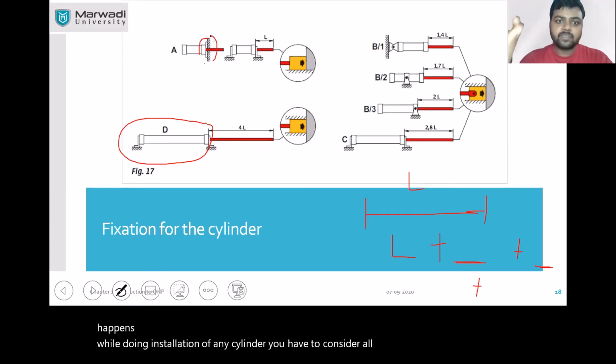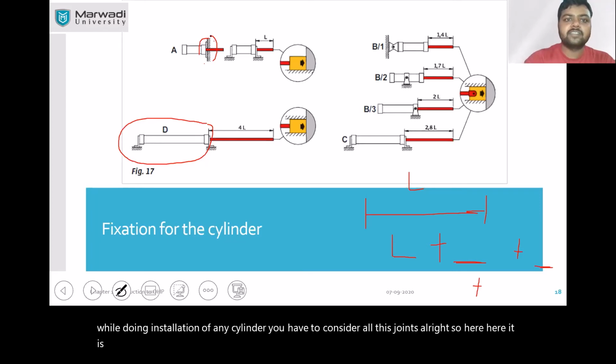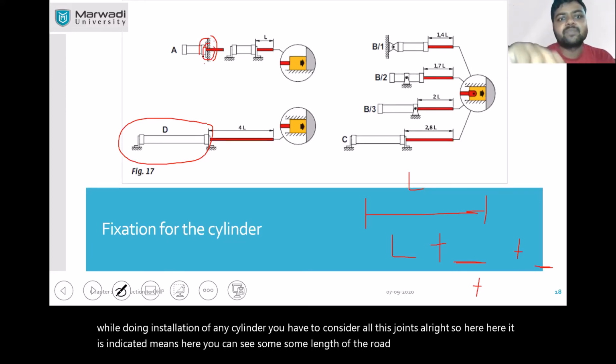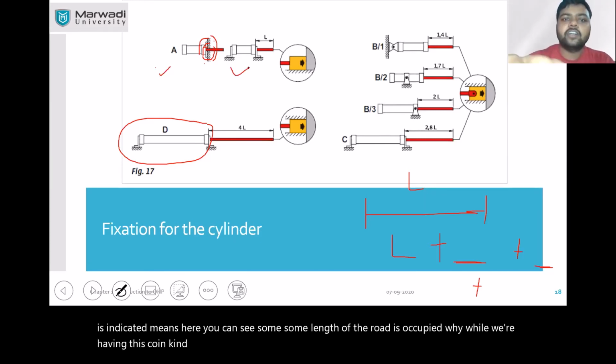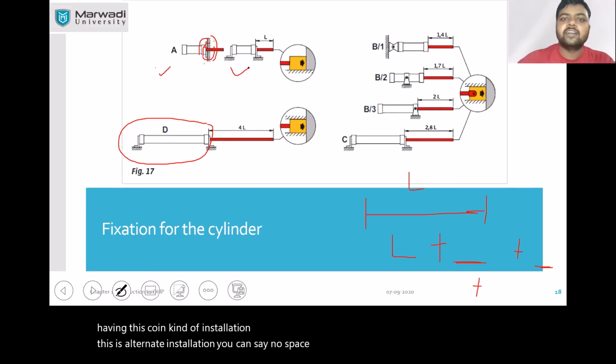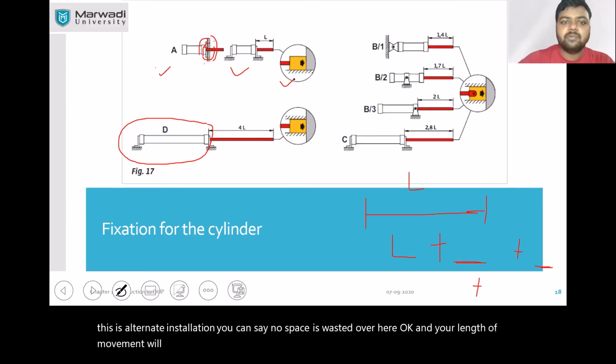Here it is indicated, you can see some length of the rod is occupied with this kind of installation. This is an alternate installation. You can see no space is wasted over here, and your length of movement will be maximum. Similarly over here, it is a very similar installation.